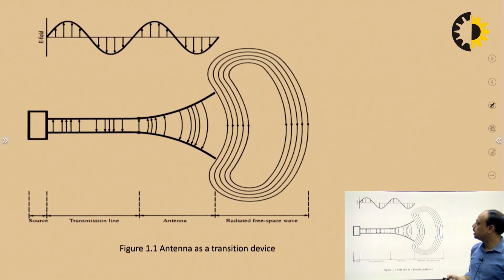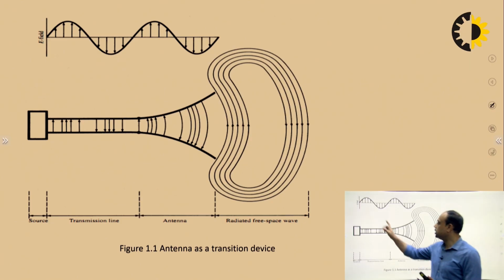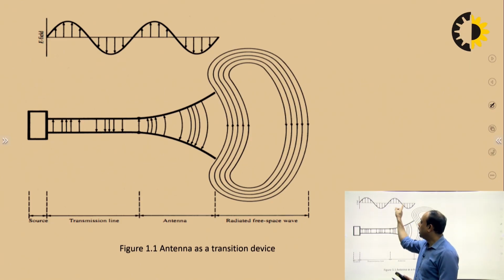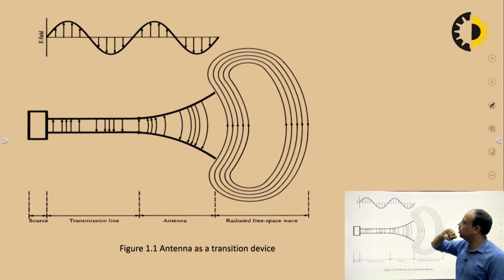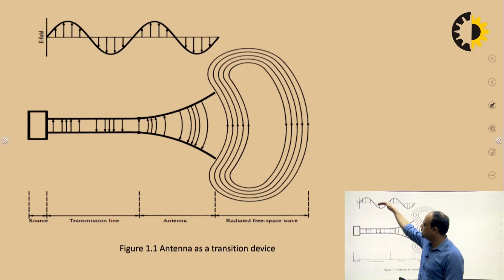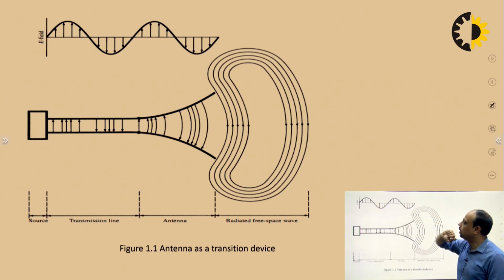So we will start one by one, and this is the basic antenna, showing how the electromagnetic wave is radiated from the antenna. This is the structure of an electromagnetic wave having E field component only, and the H field component is just perpendicular to this. So we will consider only the E field in the electromagnetic signal.